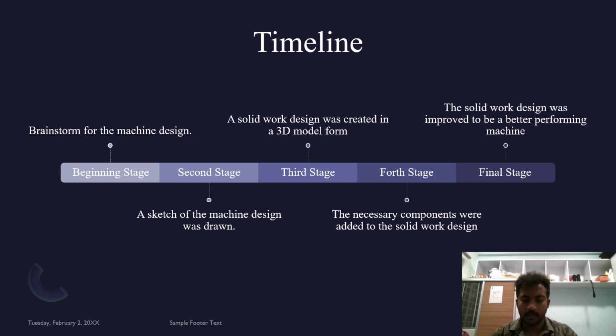At the fourth stage, the components from my teammates, such as the electrical parts, were added into the design, such as motors, limit switch, the 3D model of an Arduino board, and so on. At the final stage, we finalized the SolidWorks design, and we also did some changes based on the calculation we have done to provide a best performing machine.